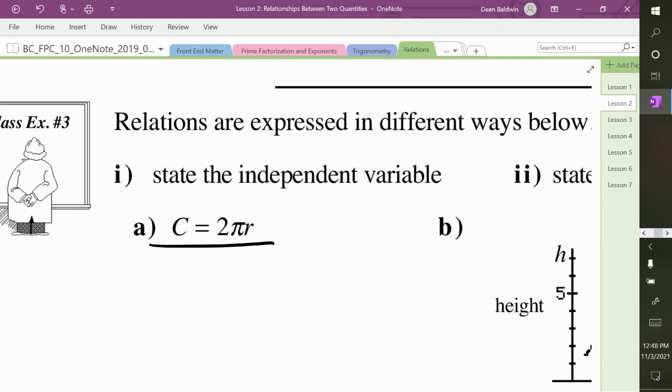The two variables are C and r. Which one is independent? R is independent. The one that's by itself is the dependent, because C depends on what you pick R to be. So this is dependent. This would be independent.